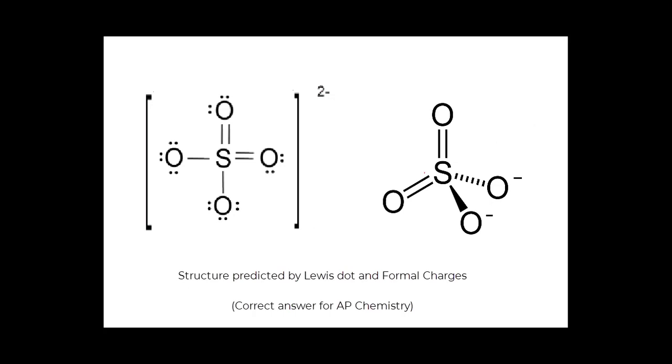In fact, this is the answer that's expected for an AP exam, and it's one that you'll find in most textbooks, where sulfur has 2 double bonds that resonate completely, and we end up having the nicest set of formal charges, and we explain our -2 charge.